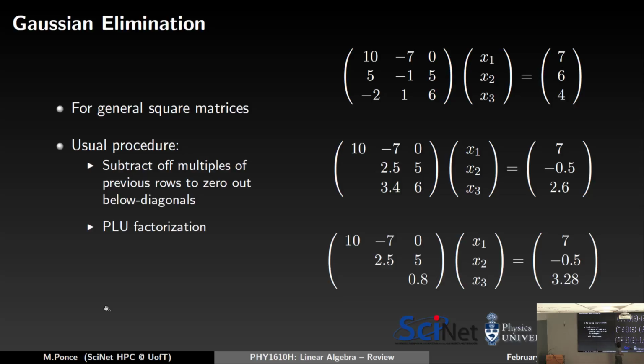I keep doing the operations with the rest, and at the end, after 2 or 3 iterations, we end up with this triangular matrix and the transformed vector of the independent term, and that is it. Then we can do back substitution as we did before for the upper triangular matrix. Okay. Any questions about this?